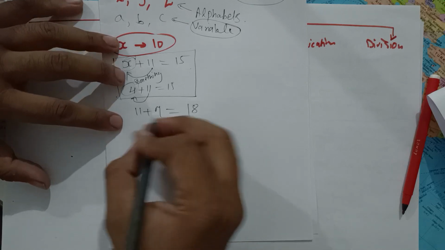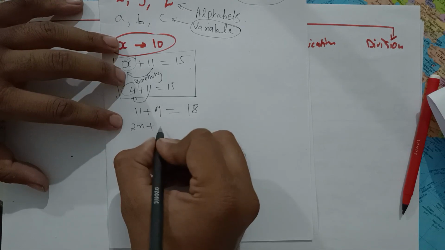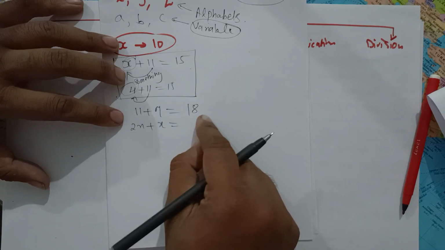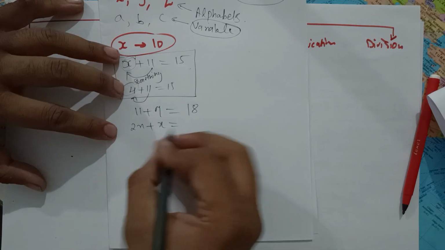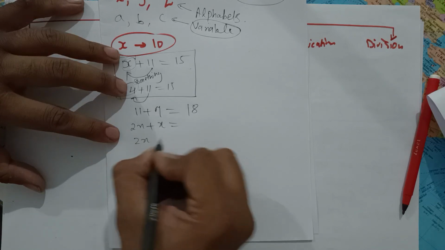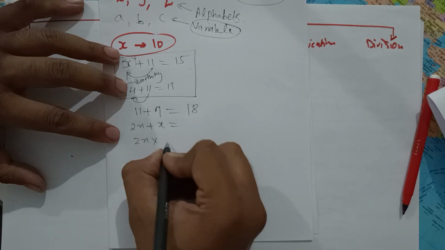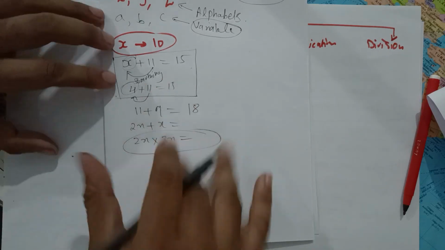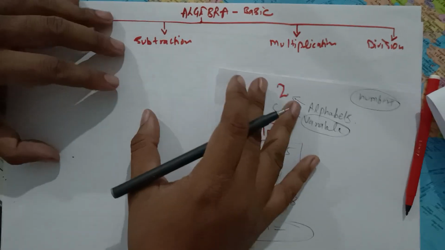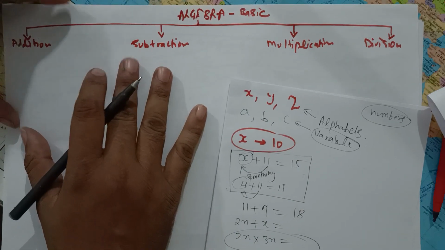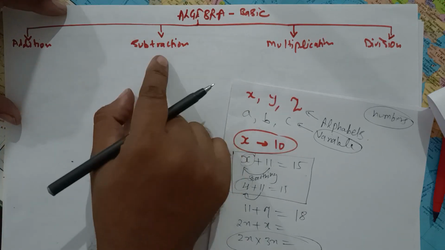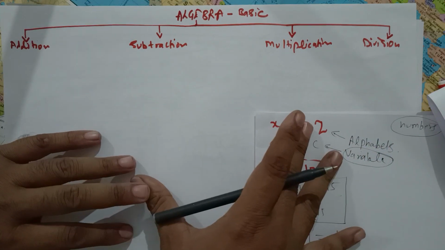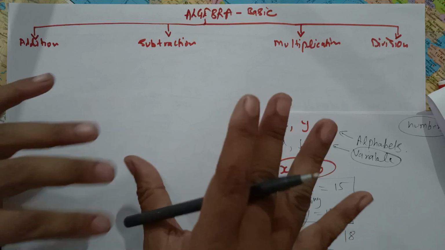So what if we add in algebra form, what will we get? Or if we multiply, what will be the answer? These things we will learn in the very basic way: addition, subtraction, multiplication and division, in a single page.